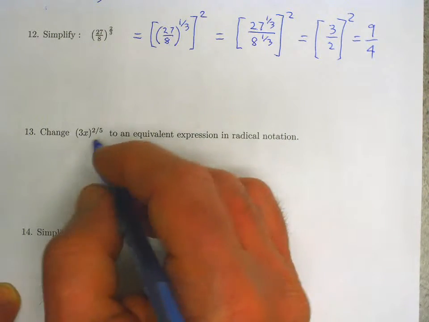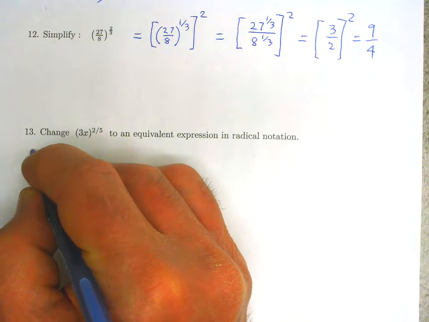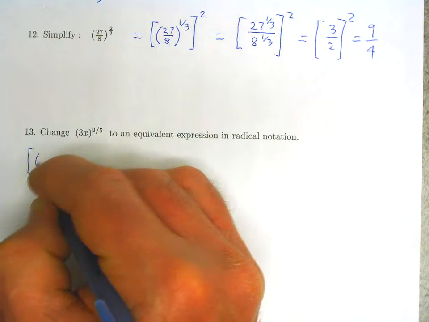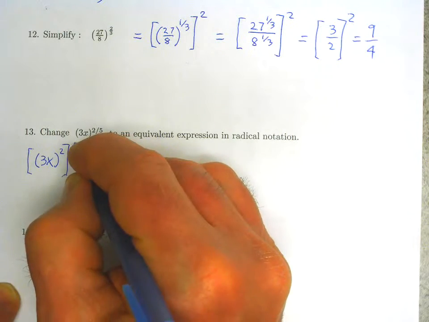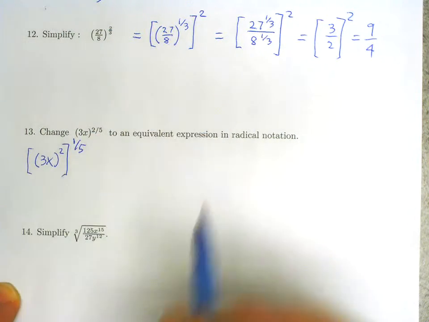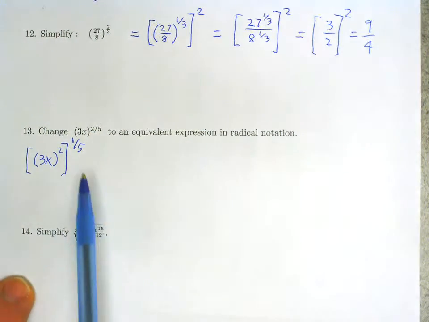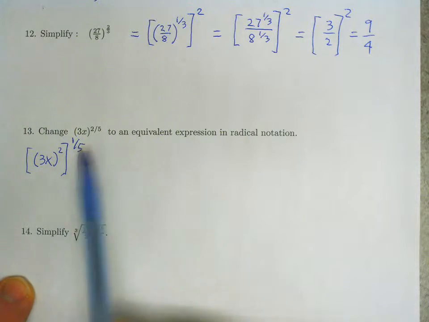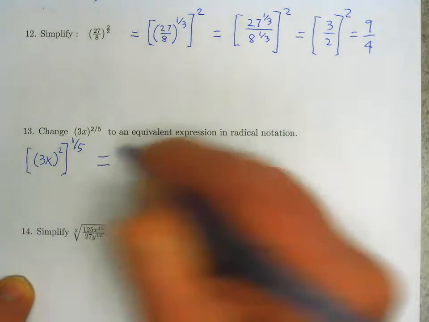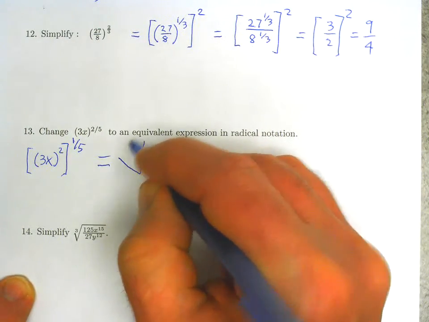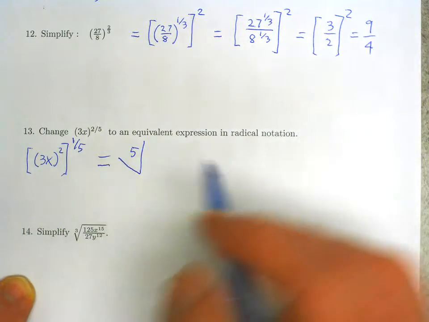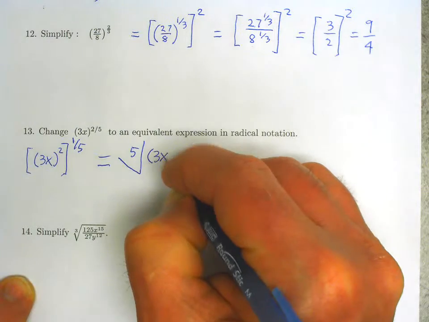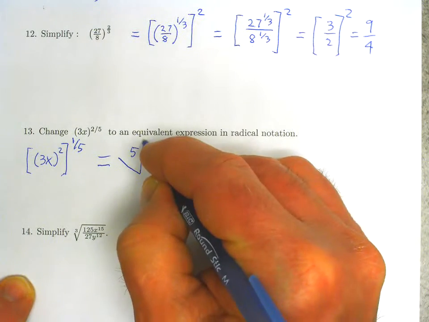So if you want, you can rewrite this as the term 3x squared raised to the 1/5. And then if you raise something to the 1/5 and want to convert it to a radical, then it's the radical with index 5 of whatever it is, in this case, the term 3x squared.